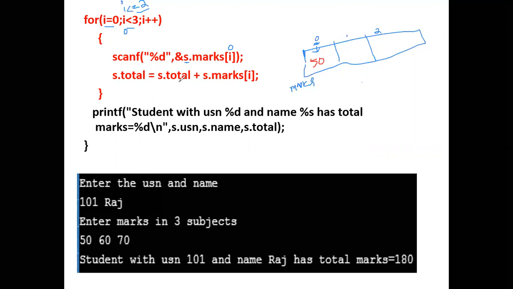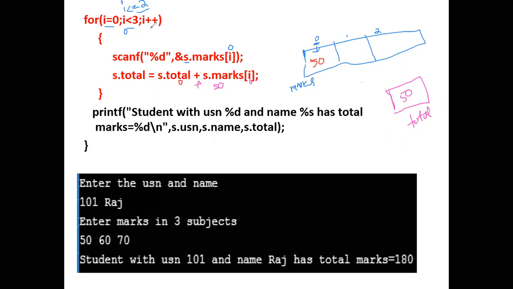Initially s dot total will have the value 0, so 0 plus s dot marks. What is s dot marks? It is marks of 0, that is 50. So in the total variable, what is the value? 0 plus 50, it will be 50.